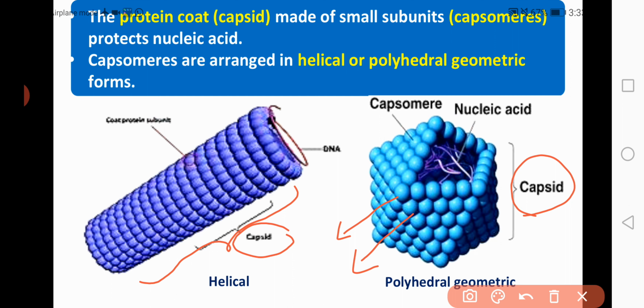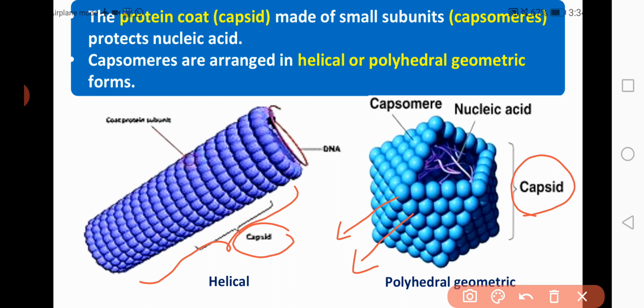What is the difference between capsid and capsomeres? Capsid is the entire protein coat of the virus, whereas the capsid contains many smaller subunits, which are called capsomeres. Understood? And the capsid protects the nucleic acid.